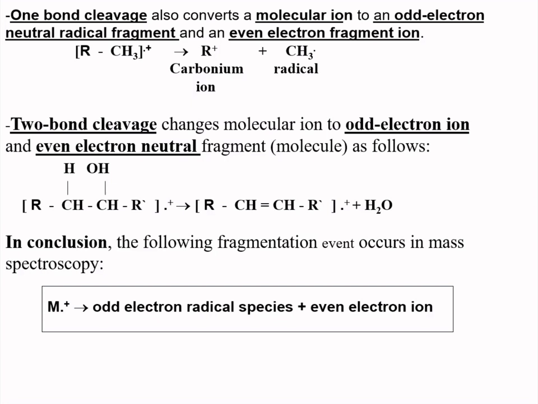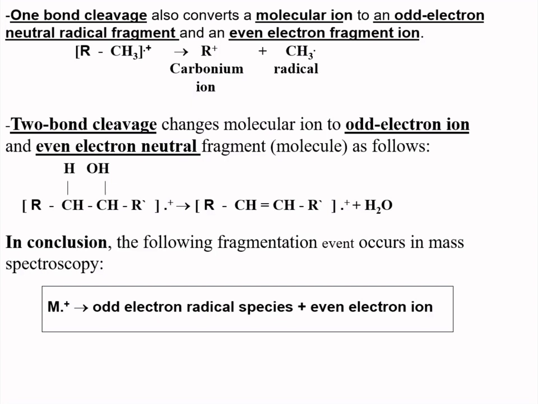Our molecular ion is an odd electron ion. Upon one bond cleavage, whether homolytic or heterolytic, it provides an even electron ion and an odd electron radical. A dot means radical, odd. No dots means it's an even electron.